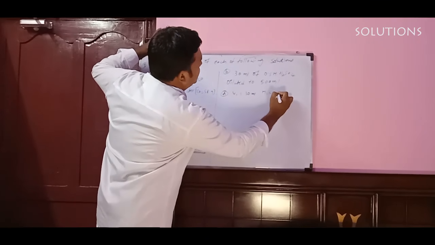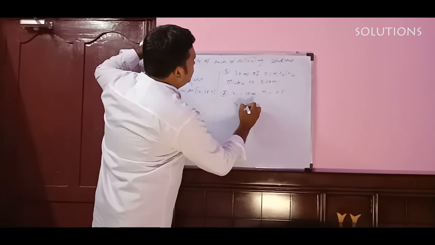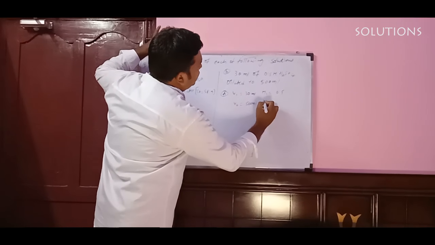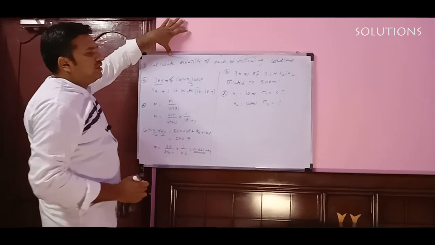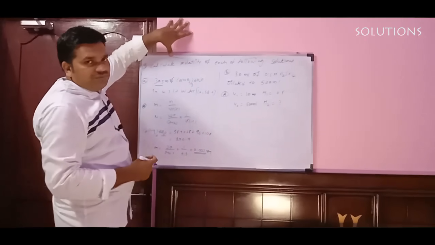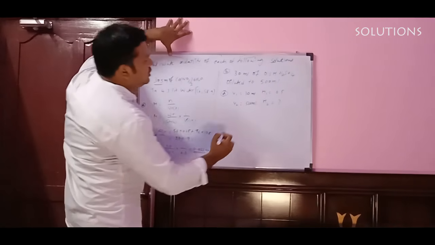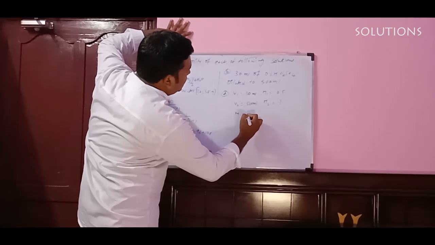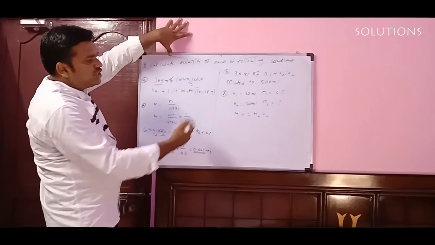The initial molarity is given, M1, that is 0.5. It is diluted to 500 ml, so what can we find here? M2. Already you discussed the formula in the dilution concept: if one solution is diluted with another, we have the formula M1 V1 is equal to M2 V2. I think all of you know this formula.